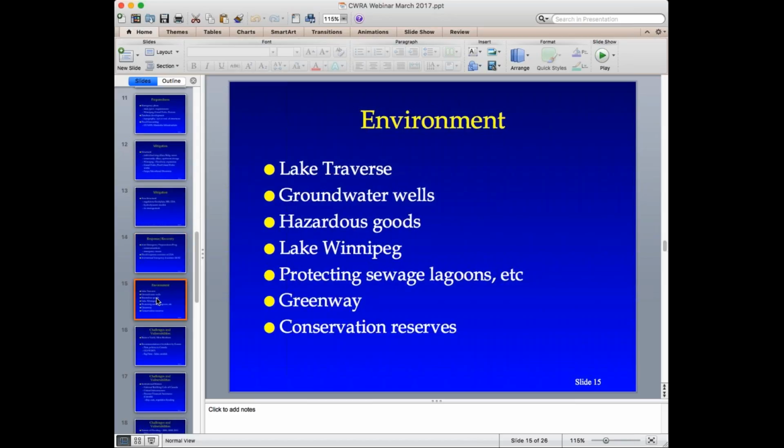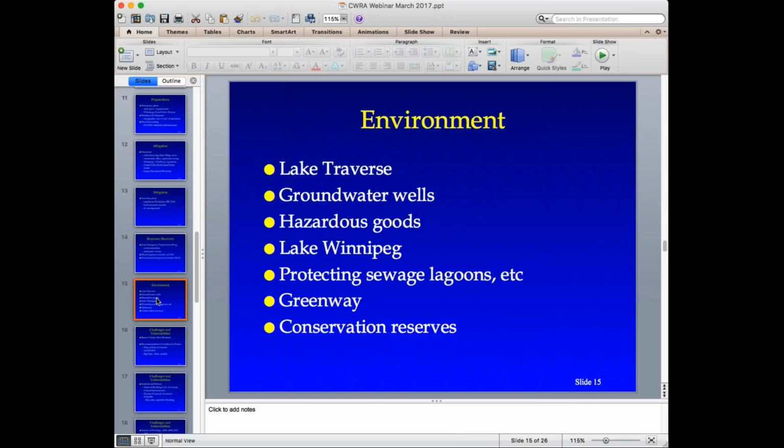Finally, on the environment, there are several different items, but Lake Traverse is a reservoir in the very upstream part of the basin, and there's actually an opportunity there for biota to move from the Mississippi River into the Red River, and there's some concern about biota transfer, and there's a little town known as Browns Ferry in the headwaters, which when flood mitigation works are provided at Browns Ferry, the biota transfer issue can be dealt with to some extent.